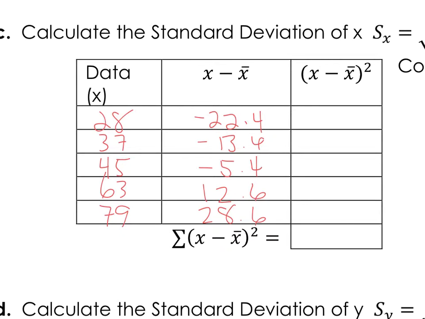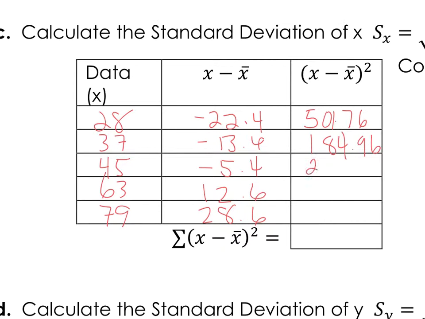Now it's simply take all of these values and square them. So negative 22.4, I'll square that number, and I get 501.76. Negative 13.6 squared is 184.96. Remember, anytime you square a negative, you get a positive.